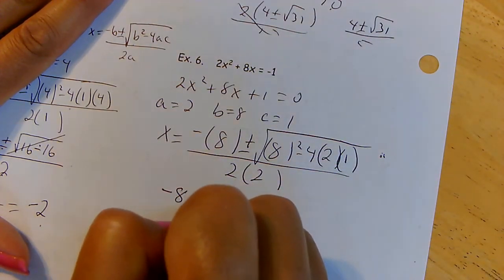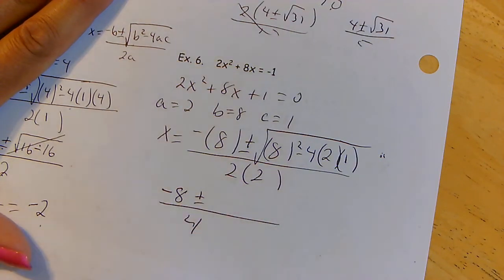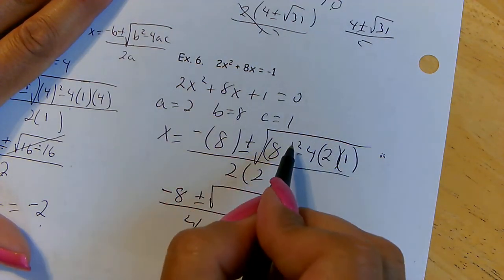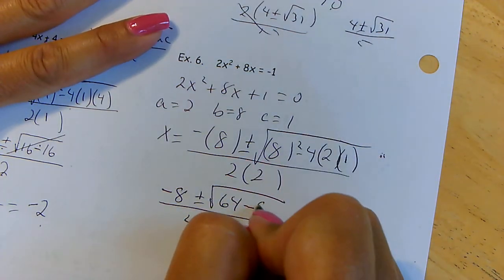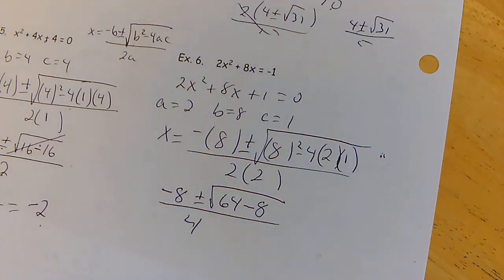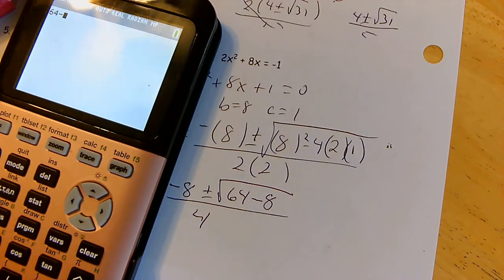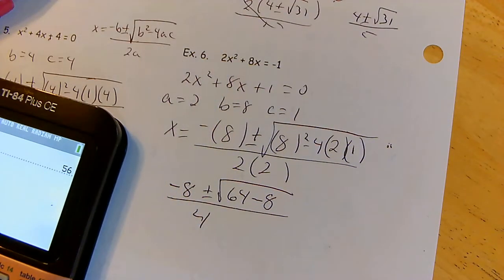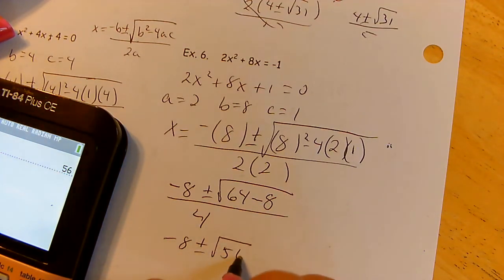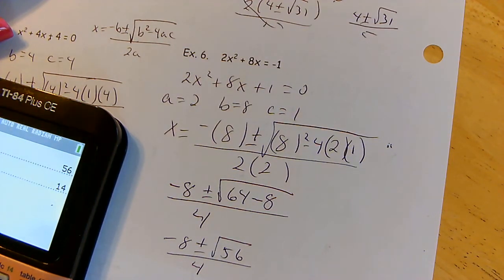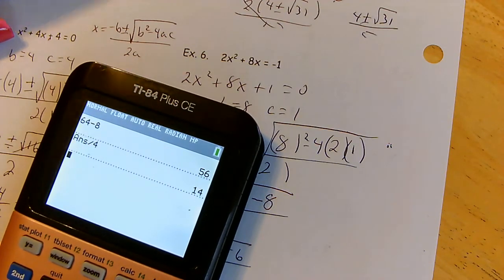So negative 8 plus or minus the square root of 64 minus 4 times 2, so 8, so 56. Which I'm going to try to simplify. Divide by 4. And that's as low as I can go.